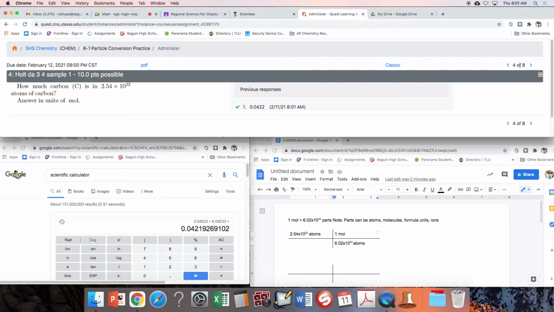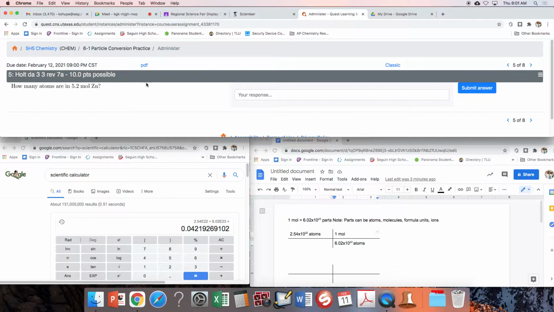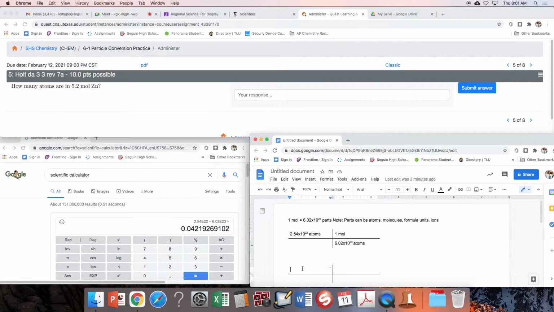So now I want to do one where we're going the other way, where we're starting with moles. So this next question, we want to know how many atoms are in 5.2 moles. So again, I'm going to put what I'm given, top left, 5.2 moles. Don't try and add a 10 anywhere in this.